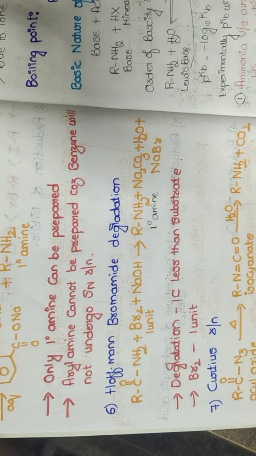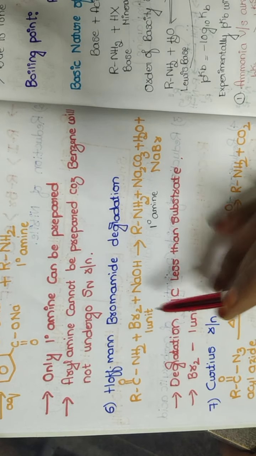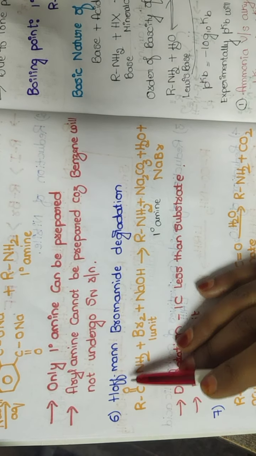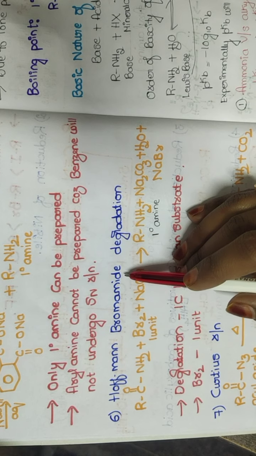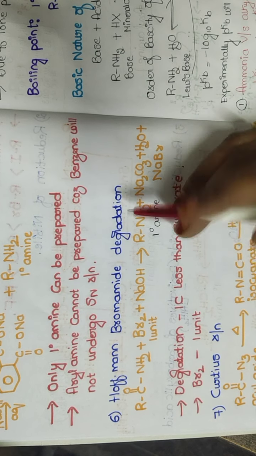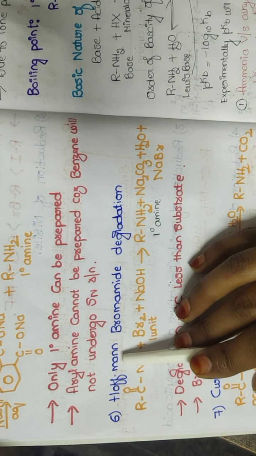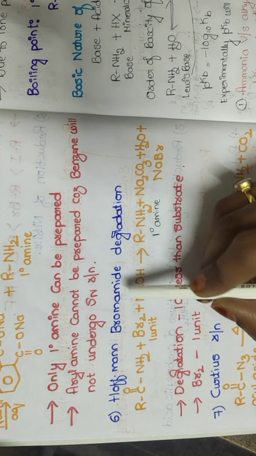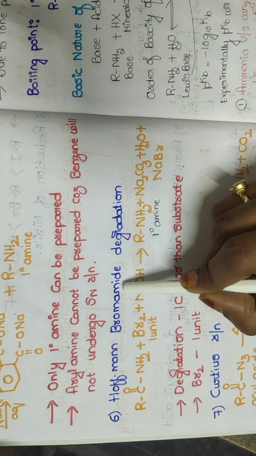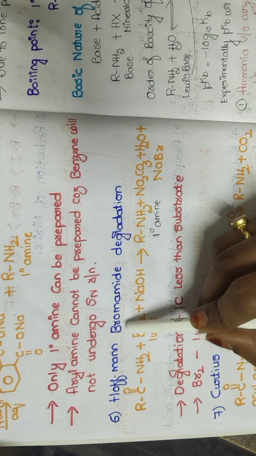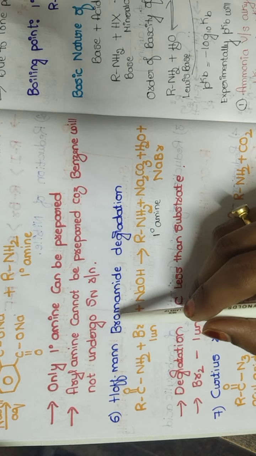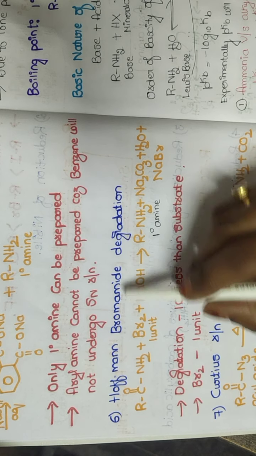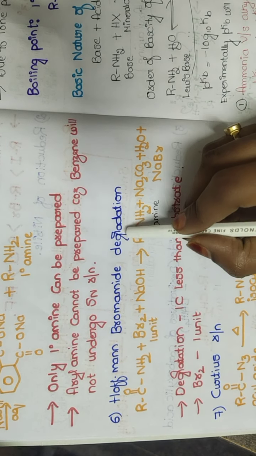Okay, then the last but one method of preparation is Hofmann bromamide degradation. Here Hofmann is the name of the scientist. Bromamide means I have to take one substrate as amide and another one is bromine, in presence of bromine, with amide as one of the substrates.